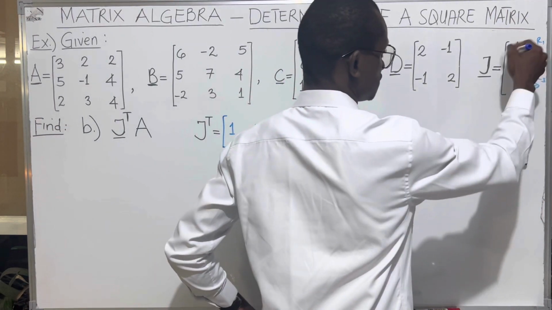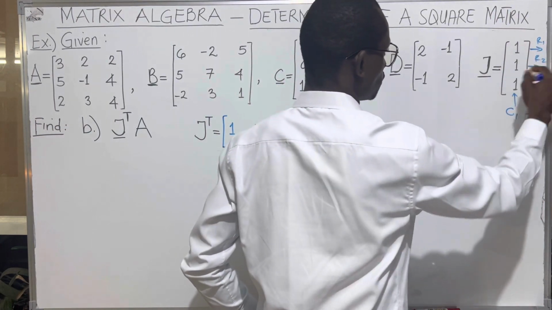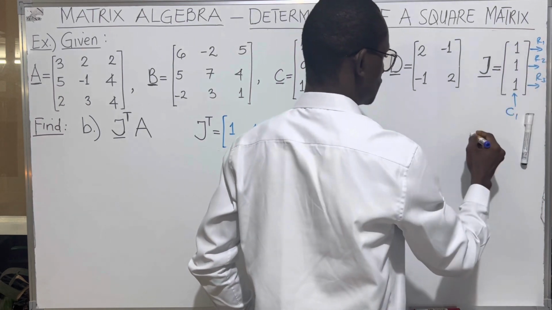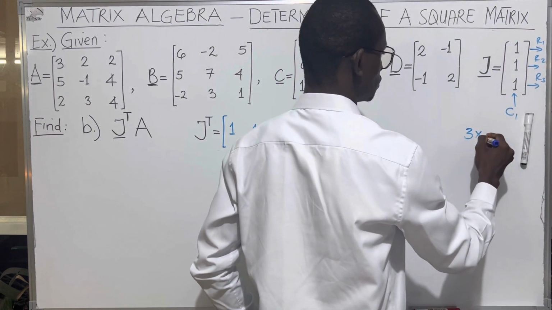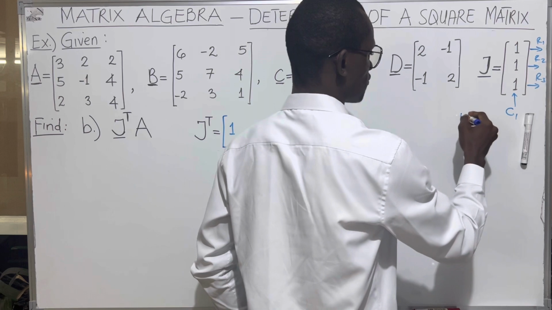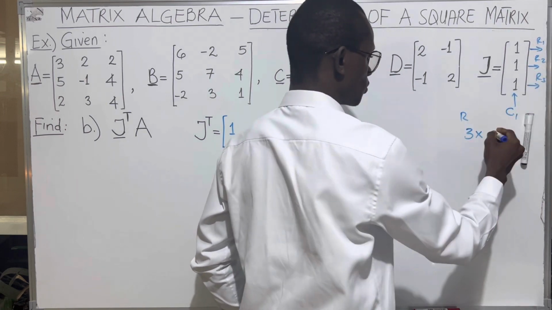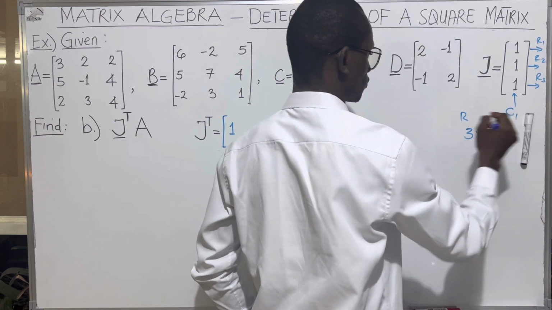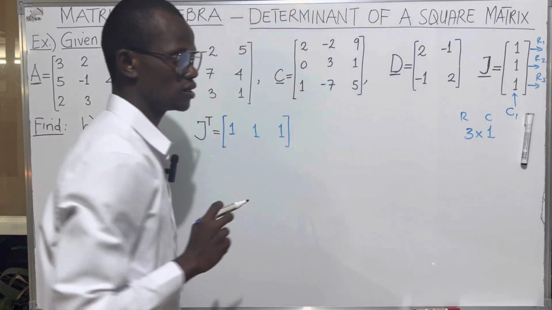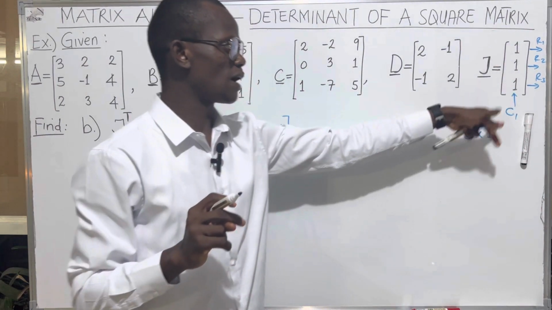In this matrix we have 3 rows. Remember, rows come first: 3 rows and then 1 column. So it's 3 by 1. That's the dimension of this matrix.